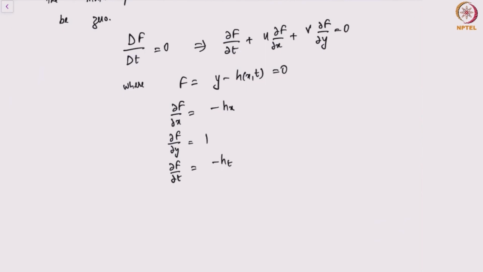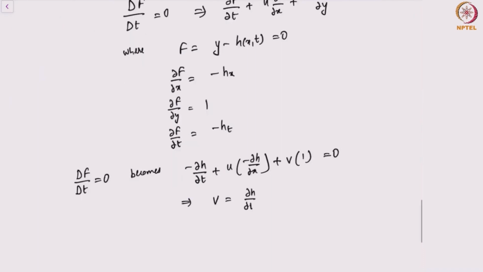So if I use this relationship, dF/dt equal to 0 now becomes minus ∂h/∂t plus U into minus ∂h/∂x plus V into 1 is equal to 0, and therefore I have V is equal to ∂h/∂t plus U ∂h/∂x. This is referred to as the kinematic condition. This is a convenient way of writing it in 2D.